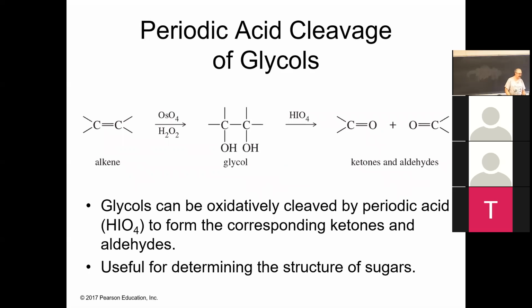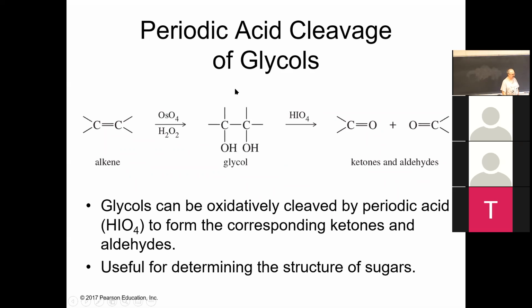Okay, next we'll look at periodic cleavage of glycols. We can make glycols, especially cis glycols, using OsO4 and hydrogen peroxide. And then we can cleave them using HIO4. This is periodic acid.